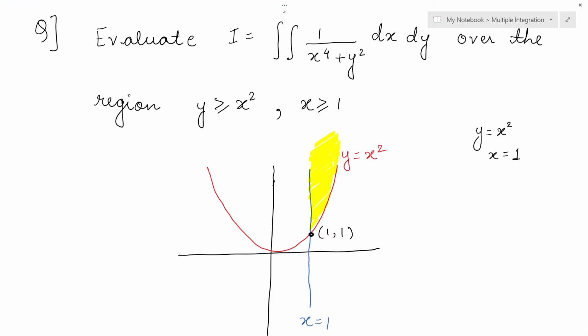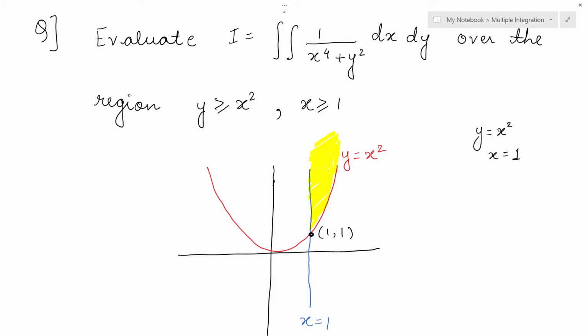Now if you look at the equation of the integral, 1 upon x raised to 4 plus y square. In this evaluation, if we decide to integrate with respect to x first, we would get x raised to 4 in the denominator, but now with y as a constant, which is really complicated.